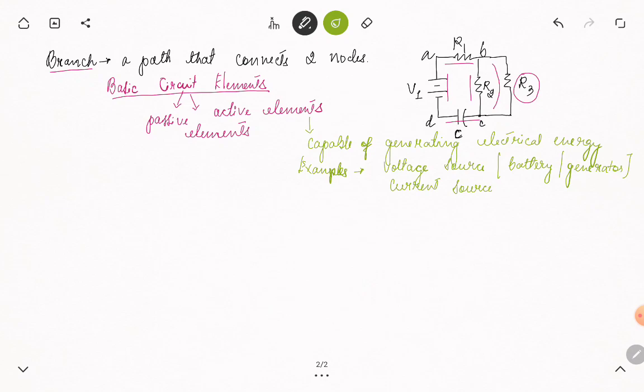Now these active elements can be either ideal voltage sources or ideal current sources.